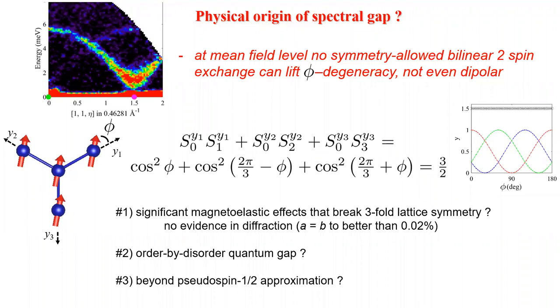And the third possibility is to go beyond the lowest doublet approximation and include also orbital fluctuations.